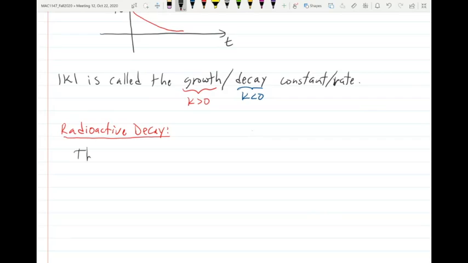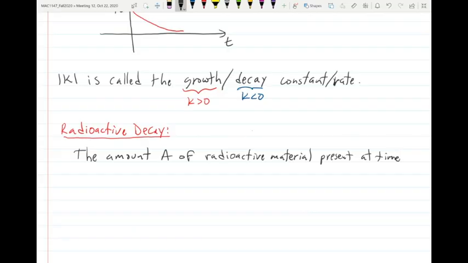So the amount A of radioactive material present at time t is given by the following formula.